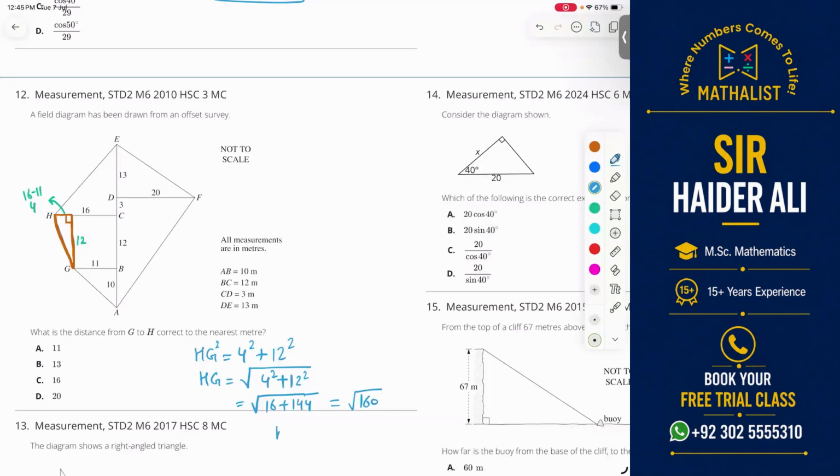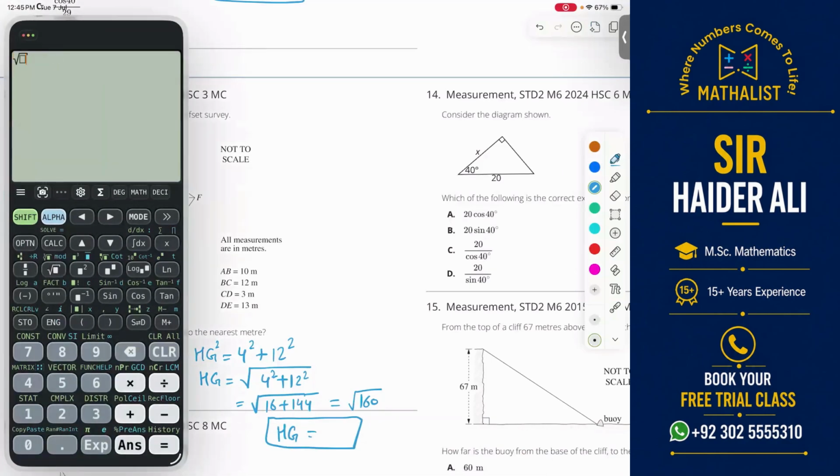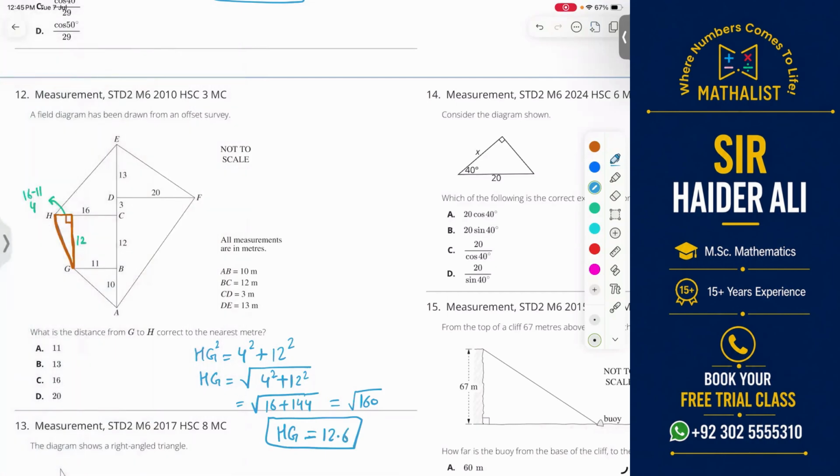That will be the answer of HG. 12.6, that is the answer. And after rounding it, it will be 13.